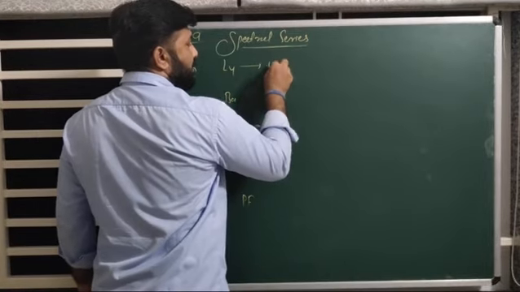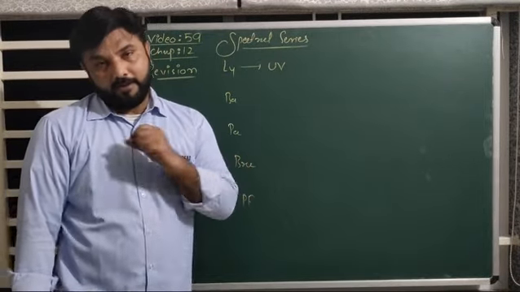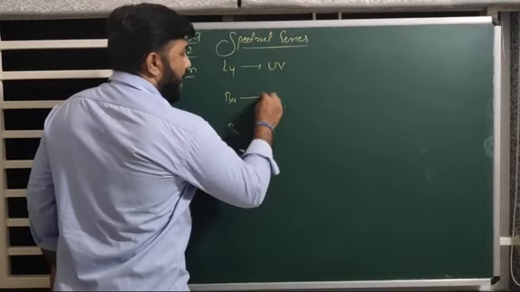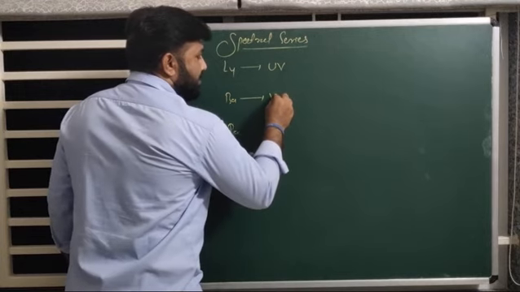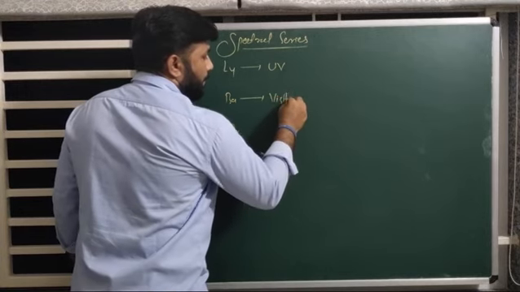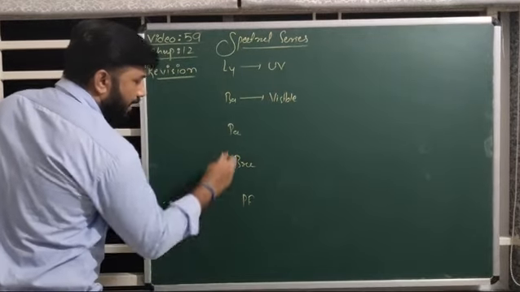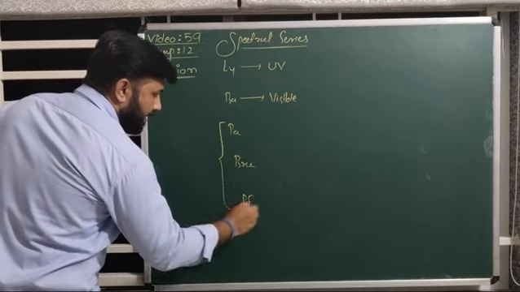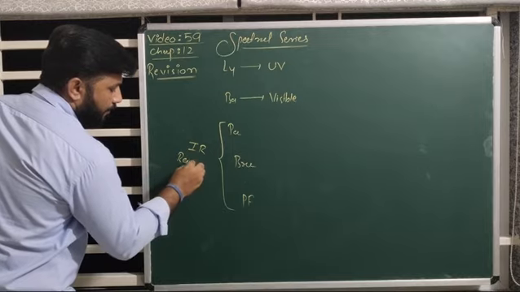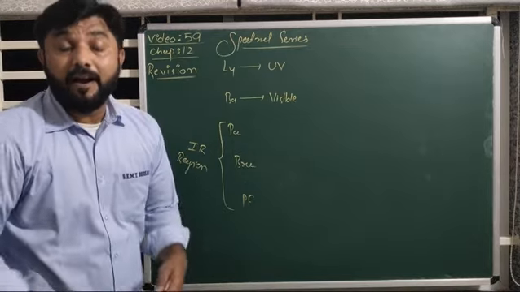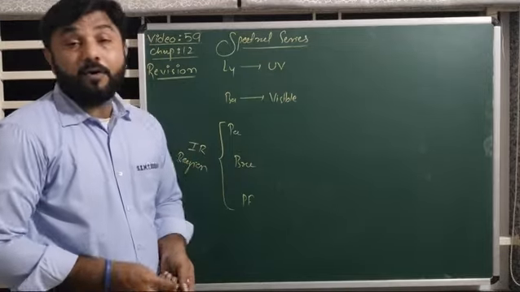Means Lyman series is obtained by using ultraviolet light. Okay, Ba means Balmer. It is for the visible region, and Paschen, Brackett and Pfund, all these series fall in the IR region, means infrared light. By using infrared light, the series are obtained.